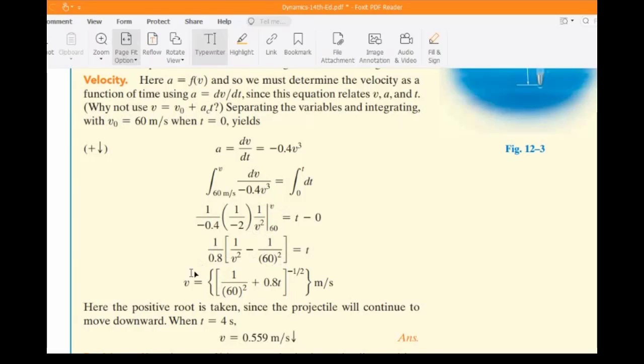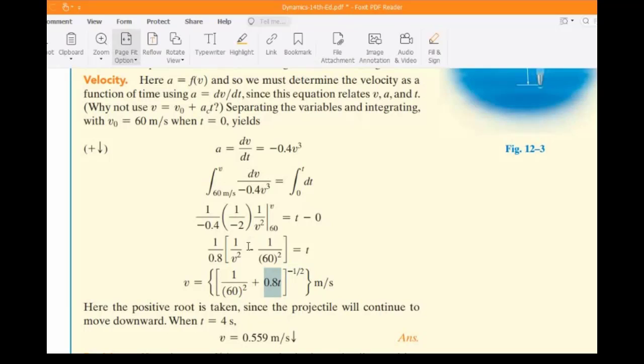So now, because we only require v square, let's take it to the other side. The 0.8 will be multiplied with t, so this will become 0.8t.